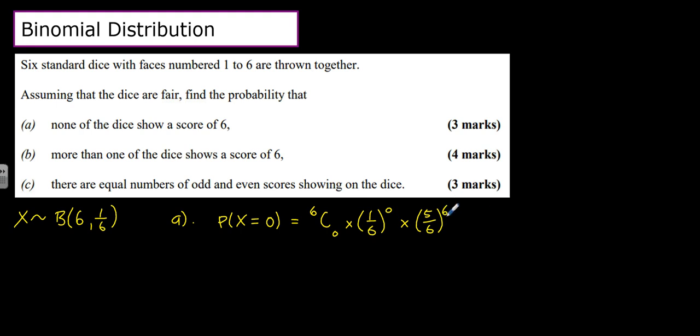Okay, 0 successes means 6 failures. So we type that into our calculators. 6c0 multiplied by 1/6 to the power of 0. And you might be thinking, I know what 6c0 is, I know what 6 to the power of 0 is. That's fine. If you type it into your calculator, you're definitely not going to get it wrong. So we have 0.3349.